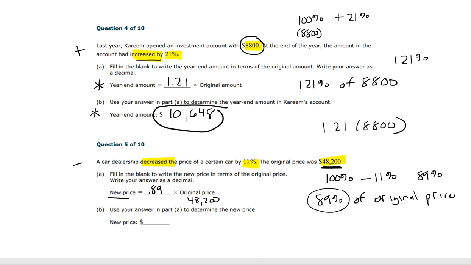And that gives us $42,898. And that makes sense because our original amount was larger, and it was a decrease, right? It was decreased by 11%. So it makes sense that this would be smaller than the original amount.